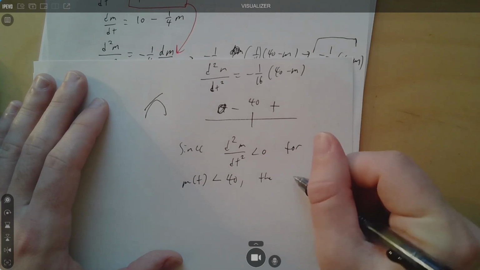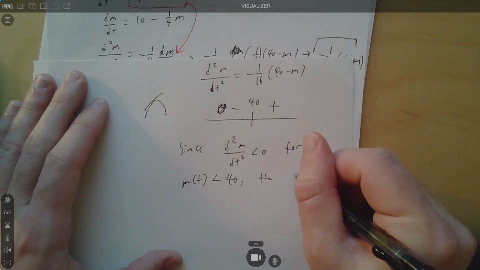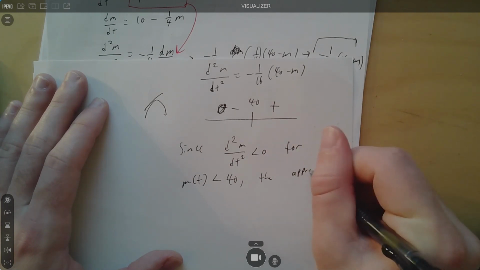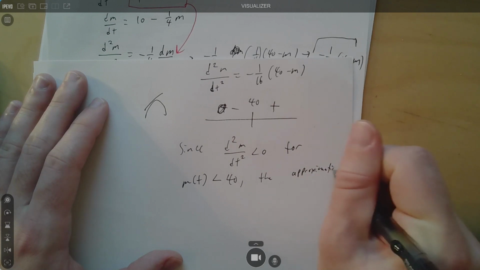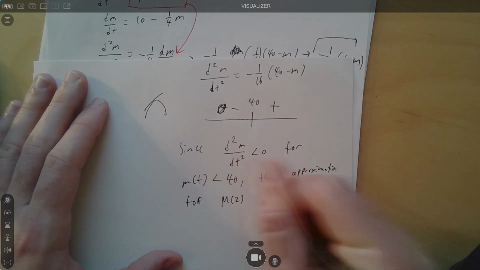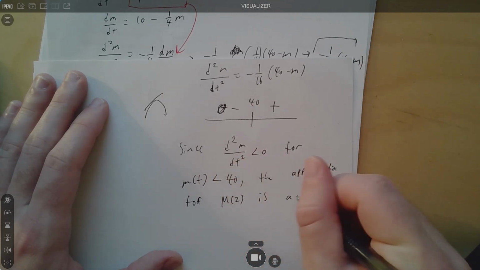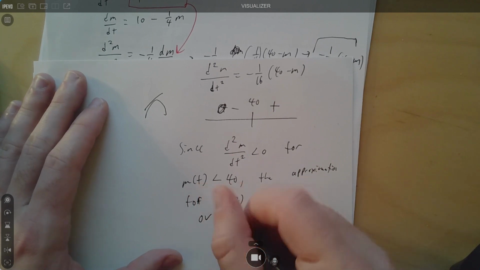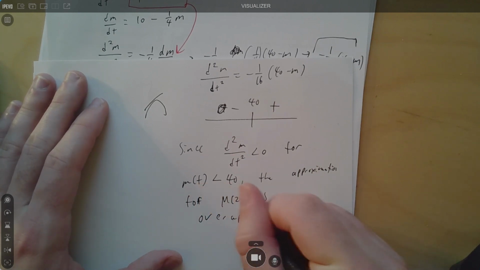The approximation for m of 2 is an over-approximation.